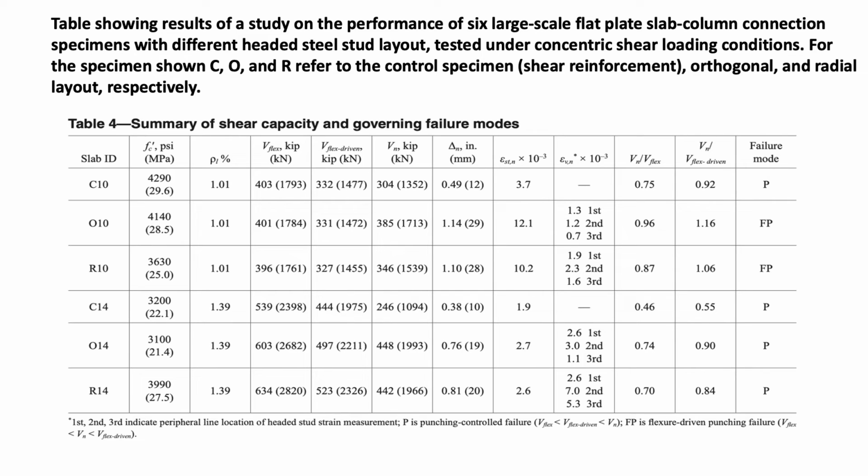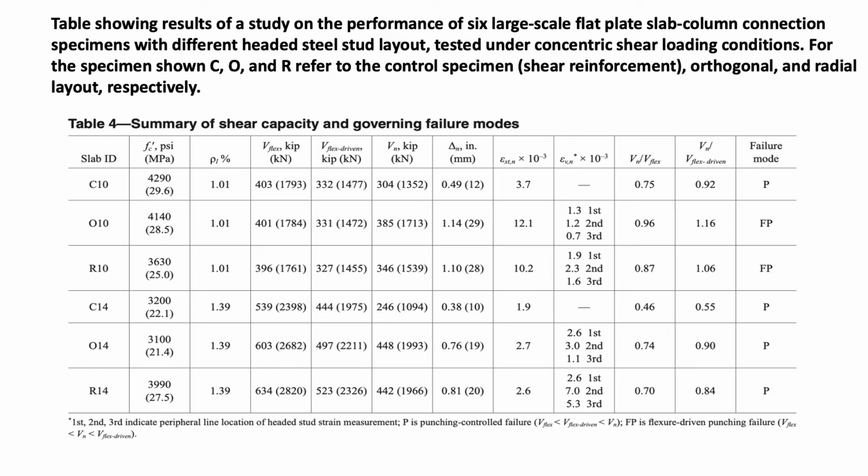On this slide is a table showing the results of a study on the performance of 6 large-scale flat plate slab-column connection specimens with different headed stud layouts. On this table, C refers to the control specimen without shear reinforcement, and O and R to the specimens with the orthogonal and radial layouts respectively.